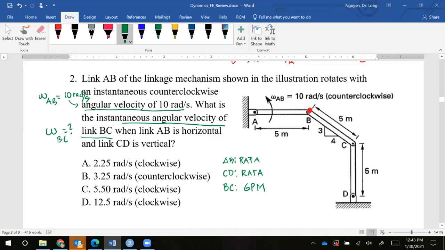So ICZV is to find out, at that instant, where that body rotates about. Because for a Rafa body, we already know it always rotates about a fixed point, so we only apply ICZV for the body that has general plane motion. Of course we have three types of motion, you already know: translation in general plane in 2D, then Rafa, rotation about a fixed axis, and then general plane motion, GPM.